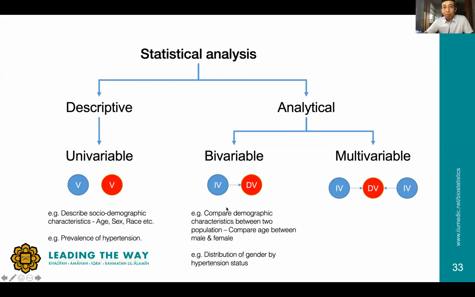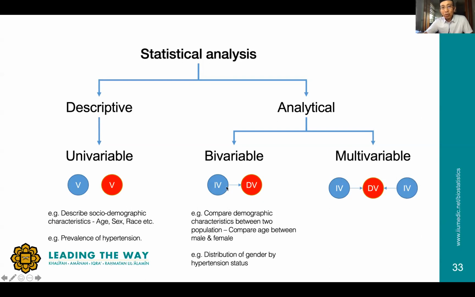You see? For example, this one can be sex and this one can be hypertension. So you want to know who has the higher proportion of hypertension, male or female. If you see that the proportion of hypertension is higher among male, you would say that male have higher risk to have hypertension.